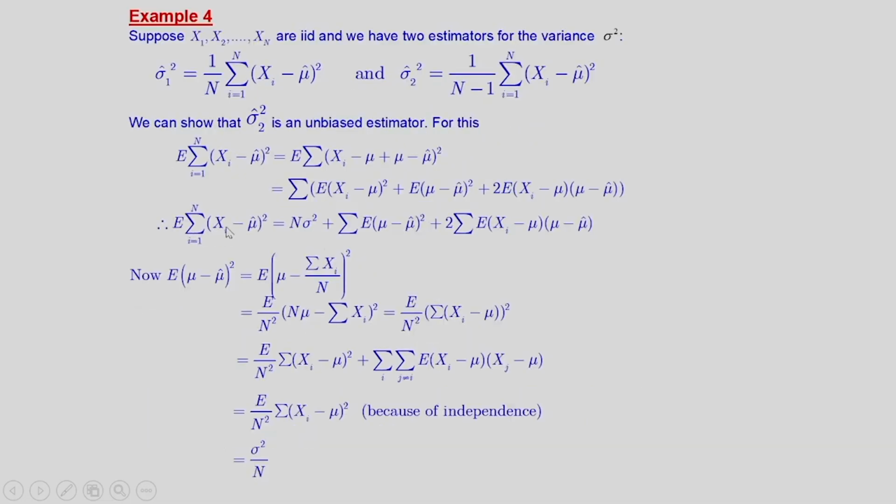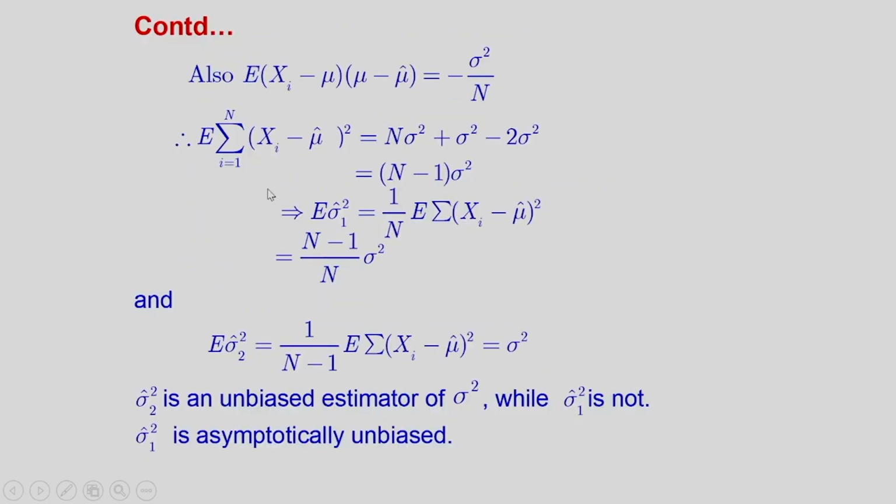Therefore we have to determine E of summation of (xi minus mu hat) whole square, i going from 1 to n, which is equal to n sigma square plus sigma square minus 2 sigma square. So it will become (n minus 1) sigma square.